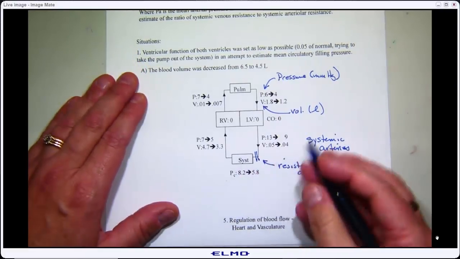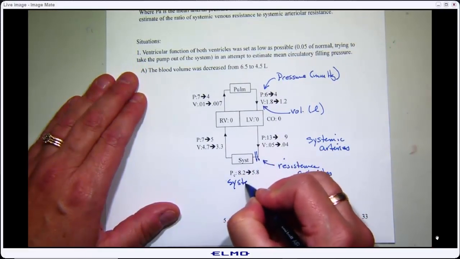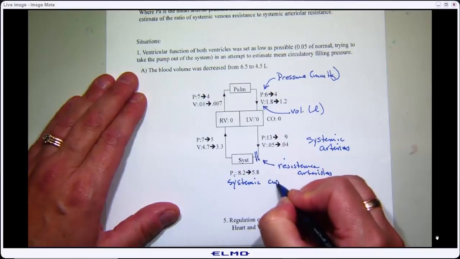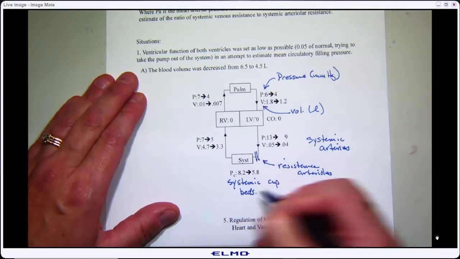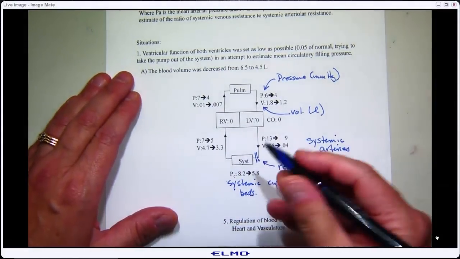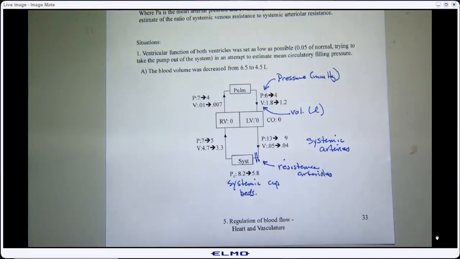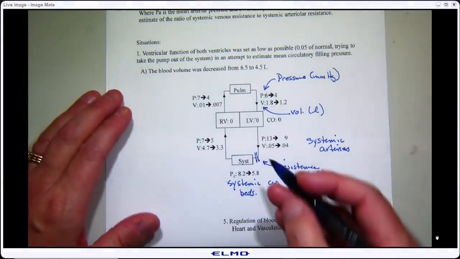We've got our capillary beds. I've got one of them represented, but you know we have over 600 of them down here, okay, in parallel with each other.